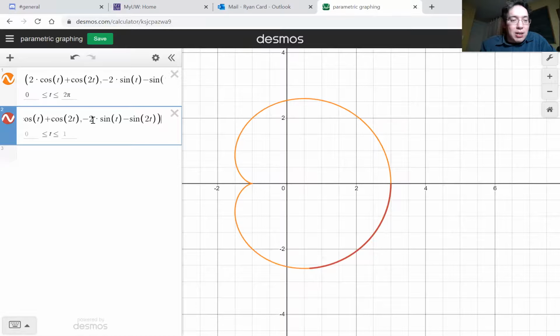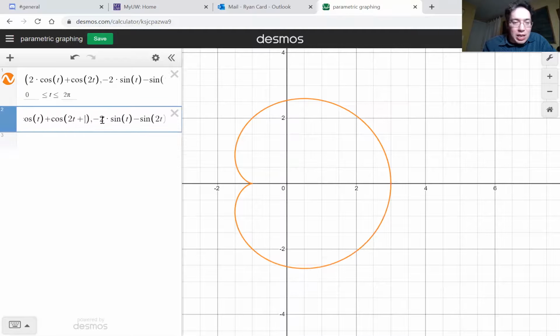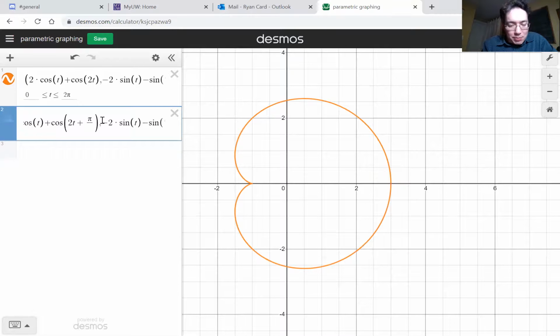Well, the center of the gear is tracing the same graph, but within that gear, it's starting 1/12 of a rotation ahead of the other gear. So what I would do is add the angle 2 pi over 12, or pi over 6.